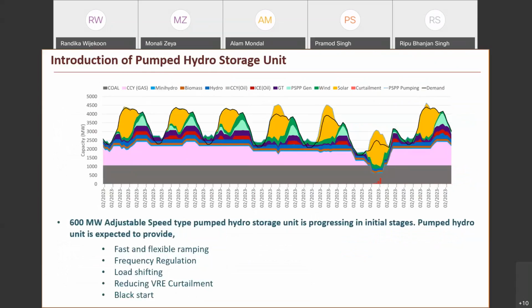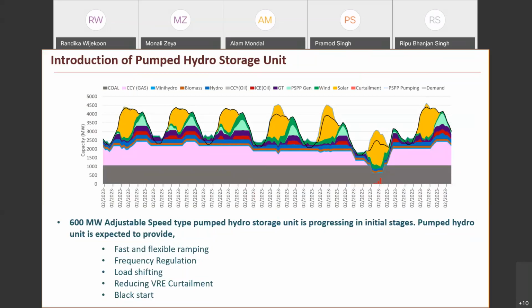The next slide, please. Right. One of the long-term measures for flexibility is the pumped hydro storage unit that we are planning to introduce. We have potential sites for large-scale pumped hydro storage units, and we see this as a very long-term promising solution to enable this clean energy transition.